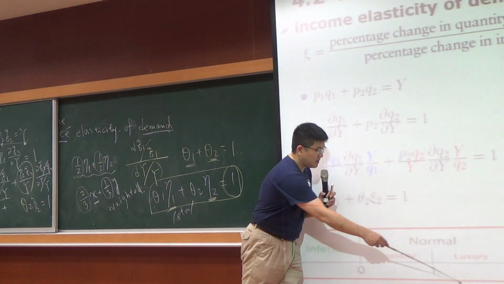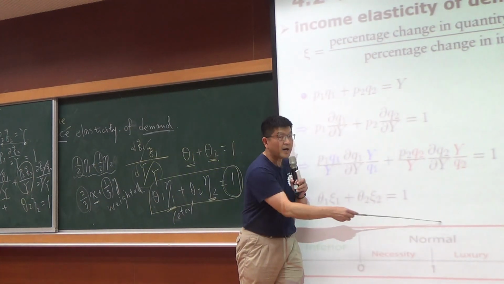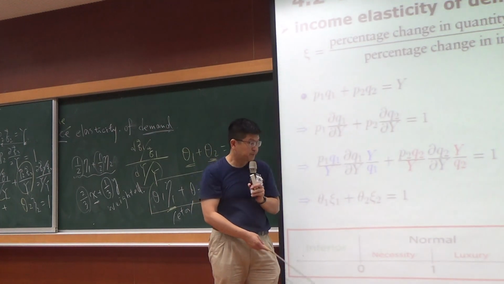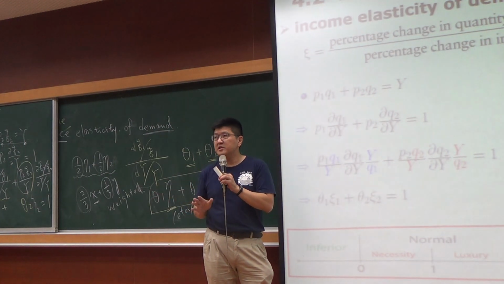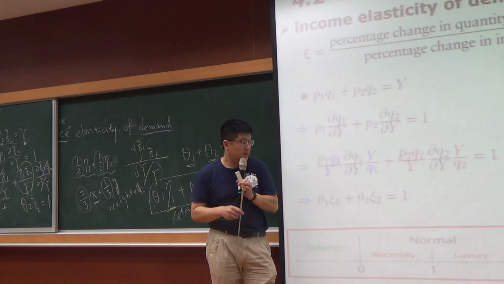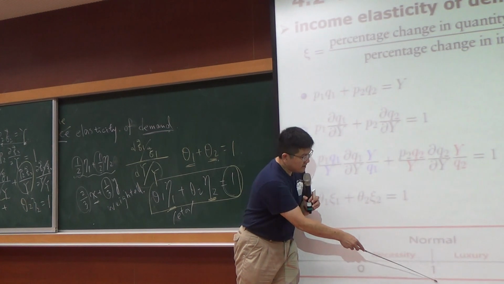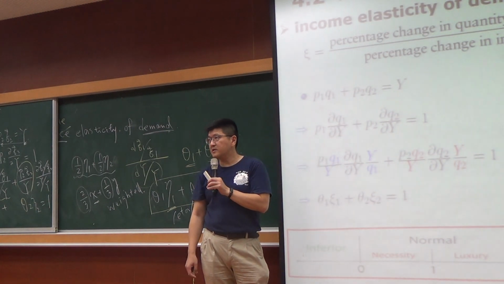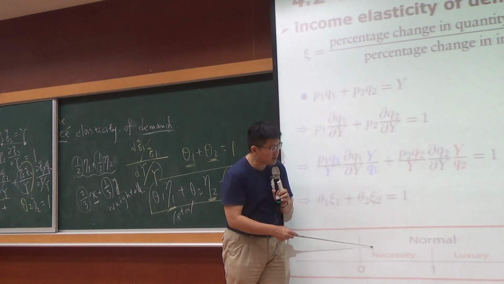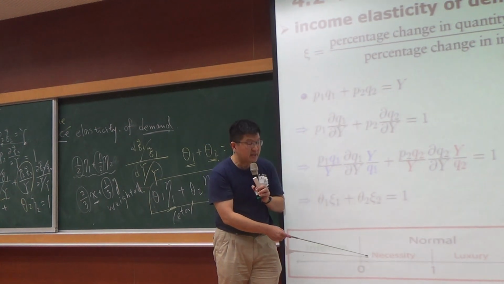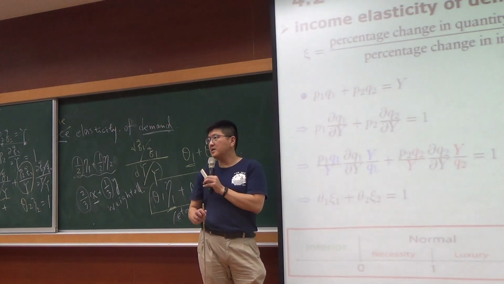And within the range of positive income elasticity, we further divide into two separate regions. By 1: when the income elasticity falls between 0 and 1, we call this kind of normal good a necessary good.